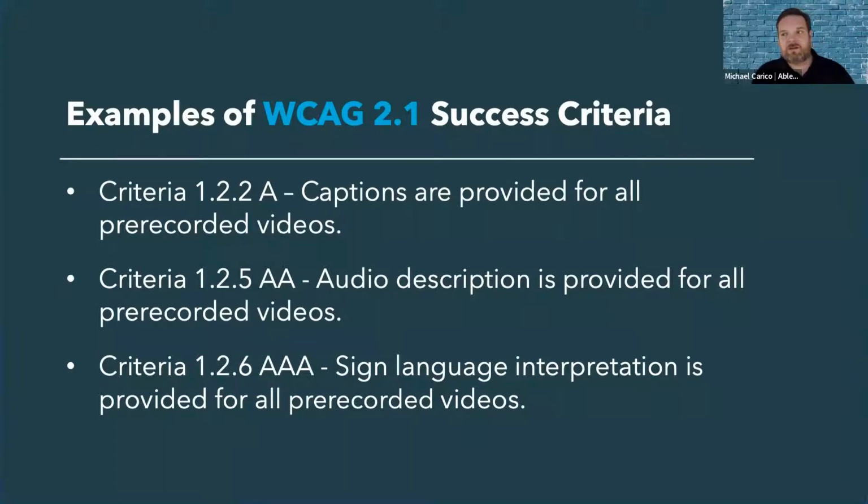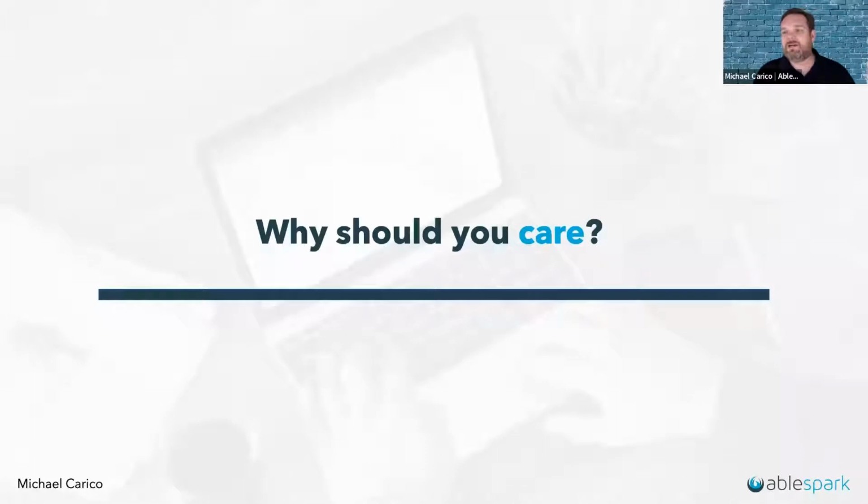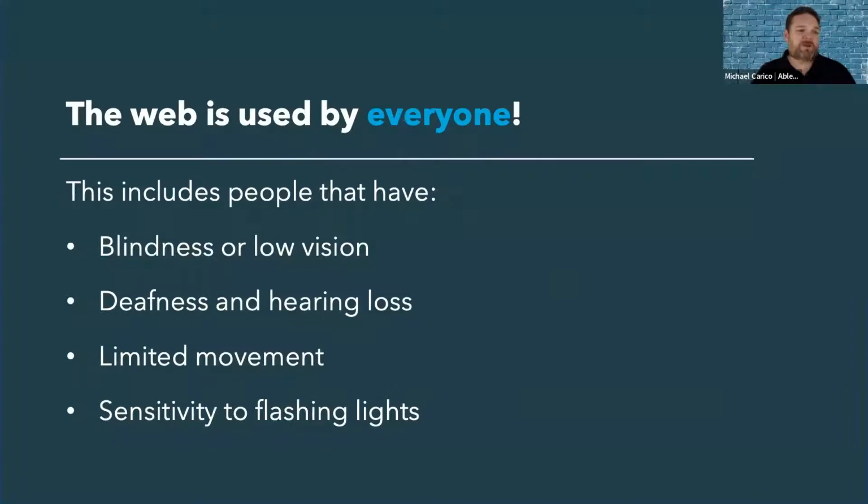Something that people ask me a lot is, why should we care? I'm not disabled. I don't have any disabled family members. Why do we care about this anyway, other than the government says we have to? Well, first off, understand that the web is no longer just used by people that have good vision and good hearing.